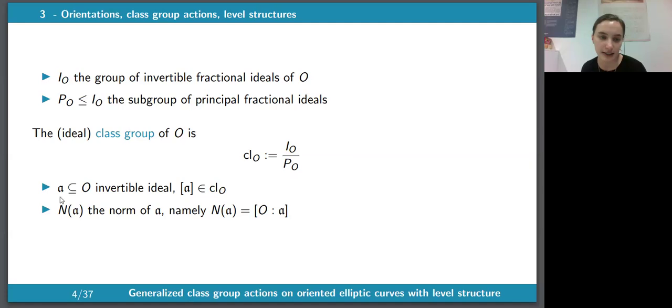N of a will indicate the norm of a, which is the index of the ideal a inside the order.